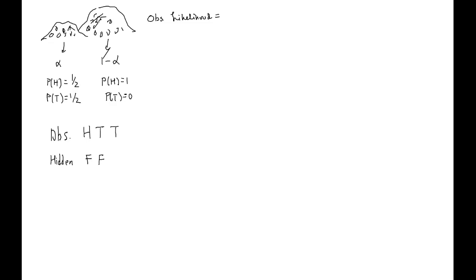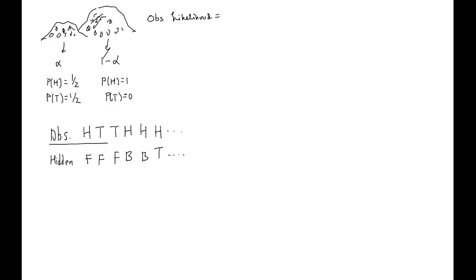If you see a tail, of course it comes from a fair coin, because the biased coin has no way to give you a tail in this problem. If you get a head, it could be a biased coin, and so on.